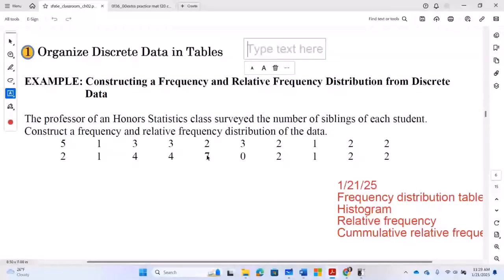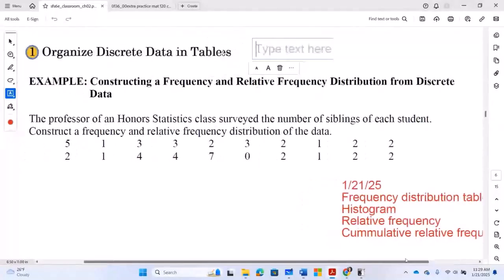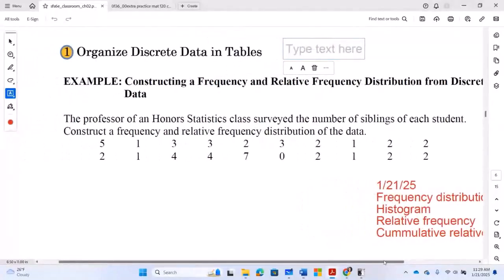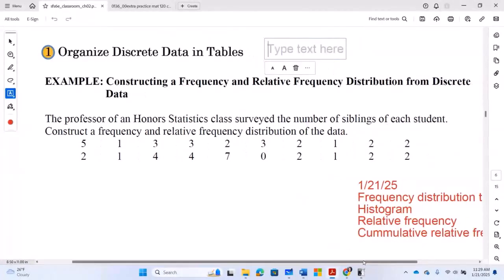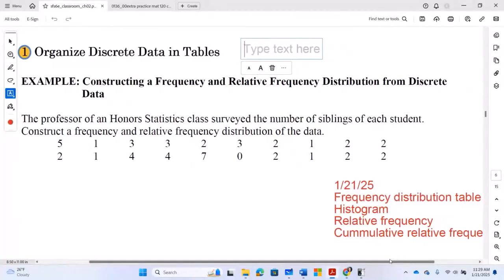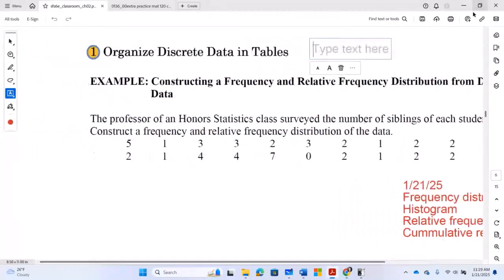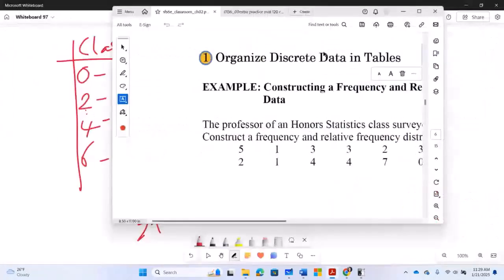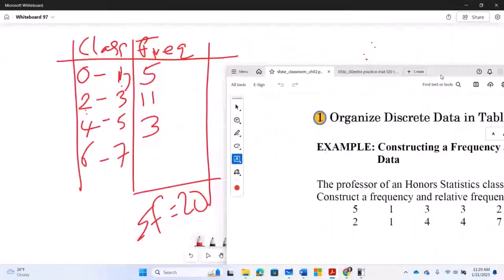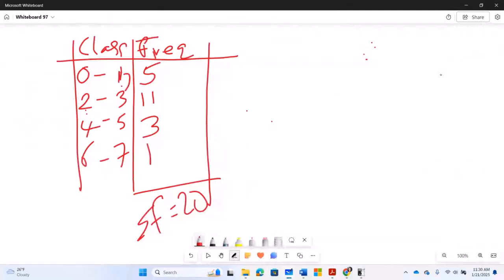When I finish, I will add all of them up. If they're not up to 20, then I'm going to fix it, find what happened. So I didn't see any other number. I just have only 1. Okay, so I'll go to my table and say that I only have 1 of them here.